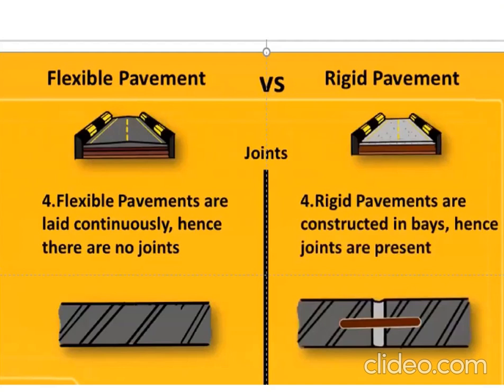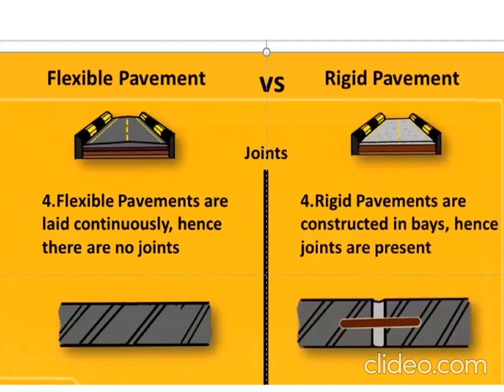Again, there will be a joint, but that time the joint will be at the end of the day, the construction joint, or it will be a transverse joint because of the maximum lane width you can achieve.